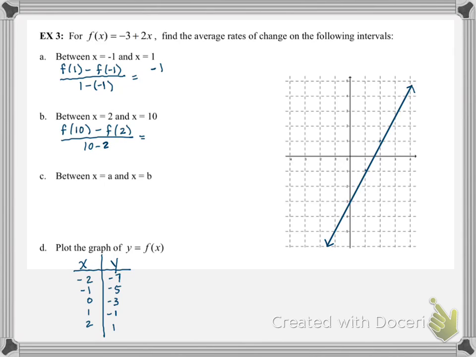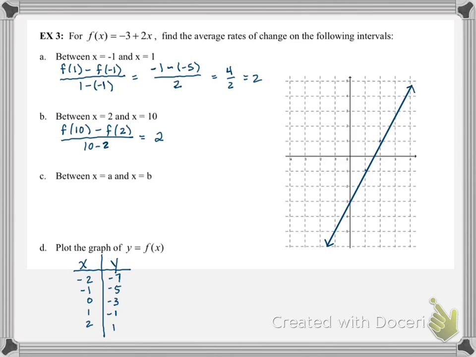So this would be -1 minus -5 over 2. So that's 4/2, which is 2. Yep. What about B? 2. Which is interesting, right? Because we said that average rate of change depends on what points we choose.